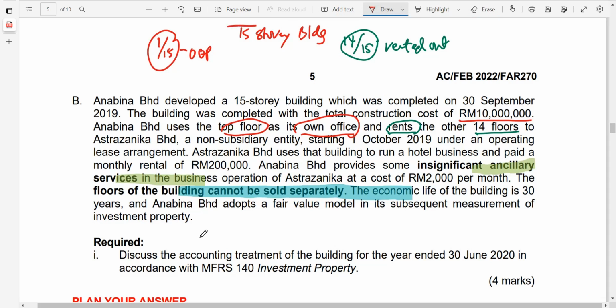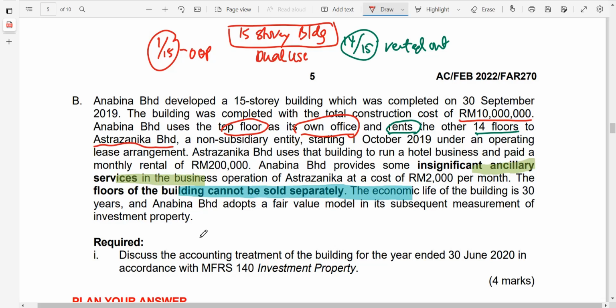This is the issue, and this is what you call property with dual use. Meaning this is property with dual use, where it functions as owner occupied as well as being rented out to tenants. The tenant is AstraZeneca.